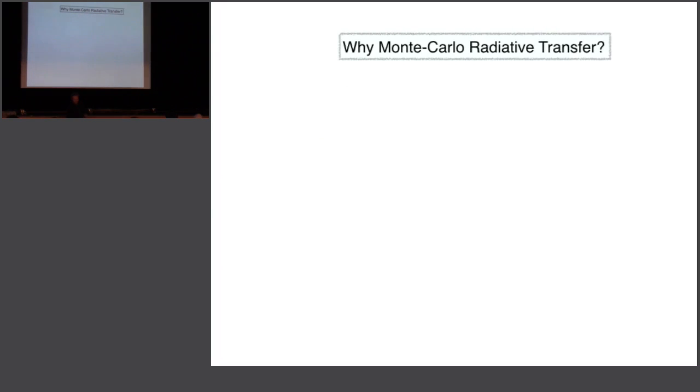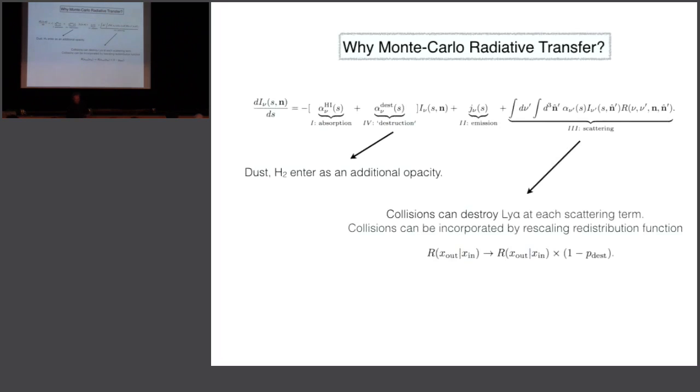Right, so why Monte Carlo radiative transfer? Well, I've already sort of hinted at it. This is the radiative transfer equation that we would like to solve, and I've discussed it briefly by ignoring the directional dependence of the radiation fields, right? But in practice, we cannot do this, because we're interested in Lyman-alpha photons that we can observe, and for those, the scattering medium is typically not optically thick, because otherwise we wouldn't see it.